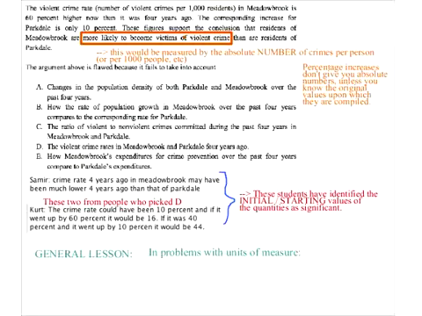In problems with units of measure, make sure that if quantities are given without units, such as "more likely to become victims" in this problem, then please try to quantify those quantities. In other words, actually give them units.